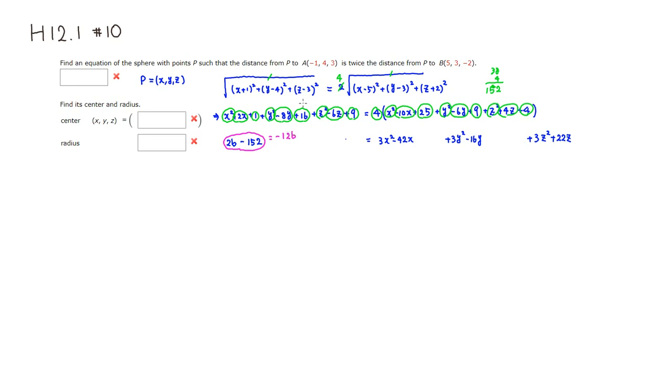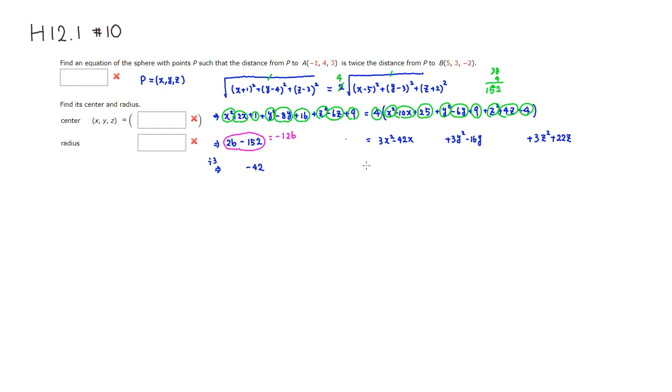Since x squared, y squared, and z squared have 3 in front, I'm going to divide through by 3 just to make it look a little bit better. So on this side we have negative 126 divided by 3, which is negative 42.